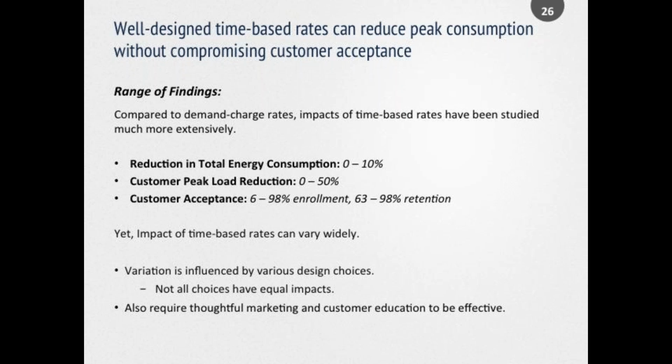However, what's interesting to note is the seemingly wide variance in outcomes. This variation we see is dependent on various different design choices, with some affecting outcomes more than others. But apart from these design choices, it's also important to note that marketing and customer education can also improve outcomes significantly.